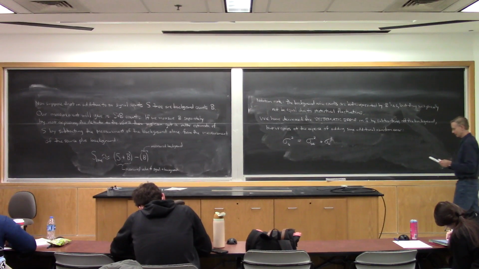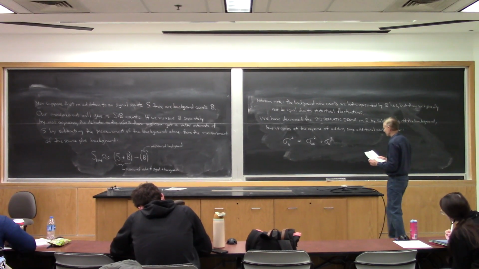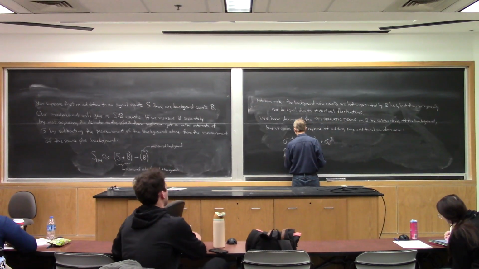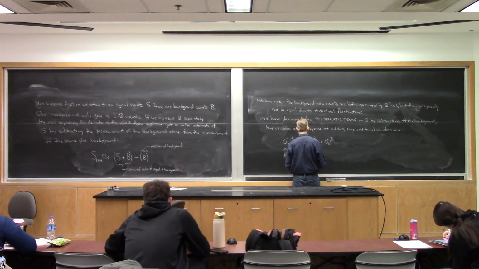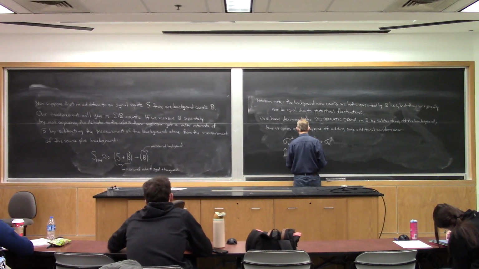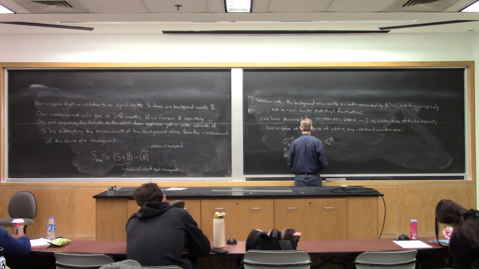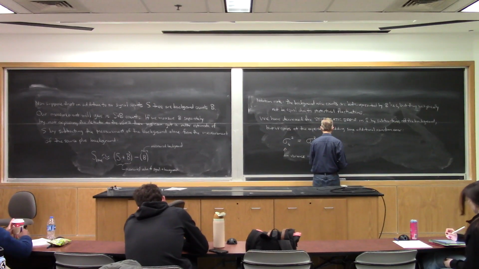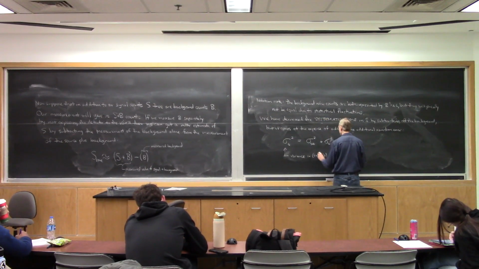If you want to make it a big B, go ahead. But anyway, that first term is the variance, which of course is the uncertainty squared, in S plus B minus B.